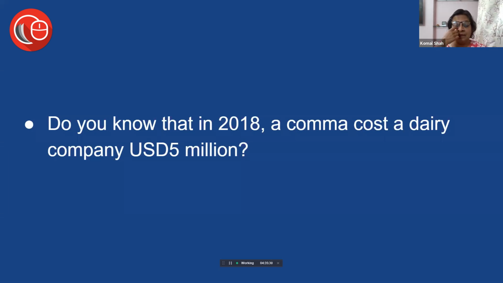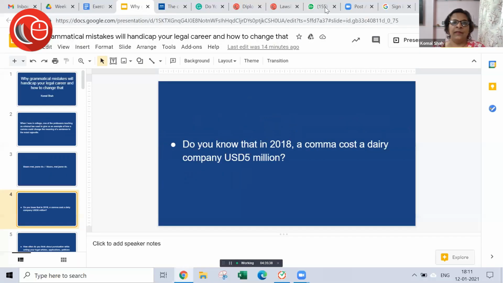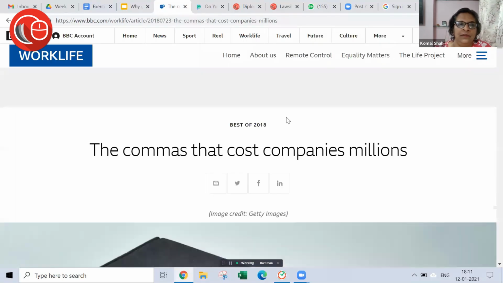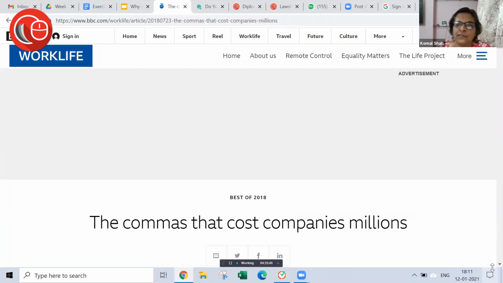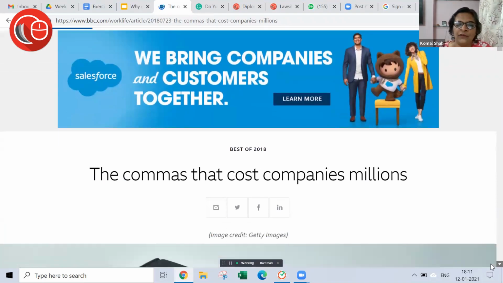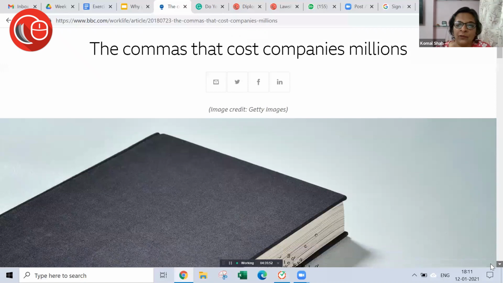There is a legislation, and the way in which it was drafted, it cost a dairy US $5 million. Here is the case. I took it out for people's benefit. This is a BBC write-up, "Commas that cost companies millions," best of 2018. You can have a look at that.